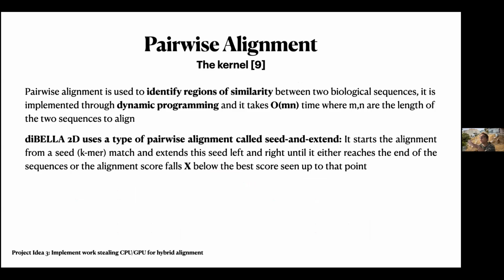And we use a special kind that is called seed and extend, meaning that we start from the seed, that is the k-mer that the two sequences have in common, and we extend the alignment to the left and to the right until either we reach the end of one or both of the sequences, or the running score falls X below the best score that we have seen at that point. Because the idea is that if we start seeing a lot of errors or mismatches between the two reads, we don't want to keep doing the alignment, because we want just very good alignments. So we don't waste computation on that.